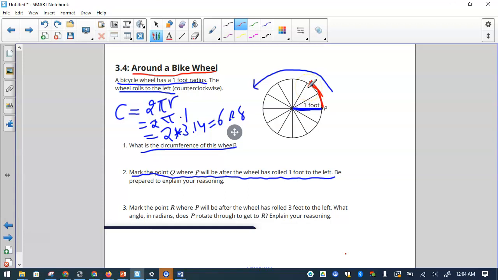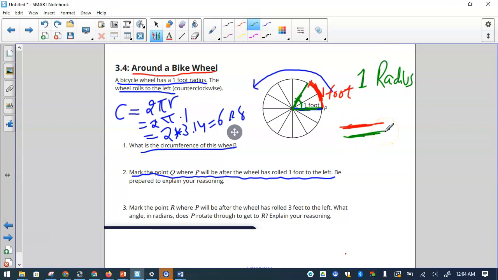When this is rotated 1 foot to the left, there is an angle getting formed, and that angle is called 1 radian. Why? Because you can fit 1 radius here, the red one. So basically the red and the green are the same.